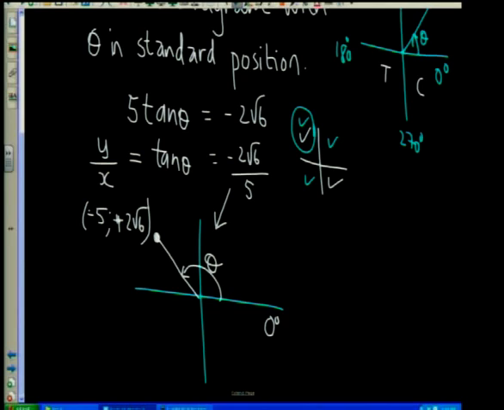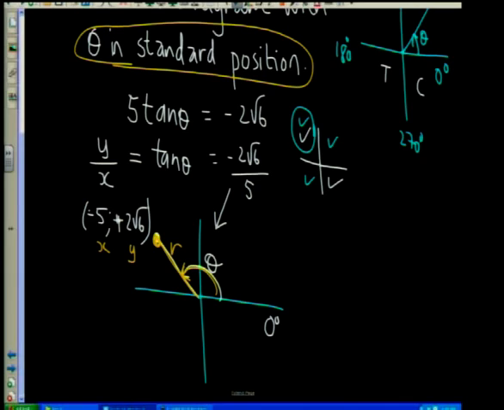So standard position then means that we have the radius and an x value and a y value, and we've got the size of the angle. So standard position is really in which quadrant will that angle lie in.